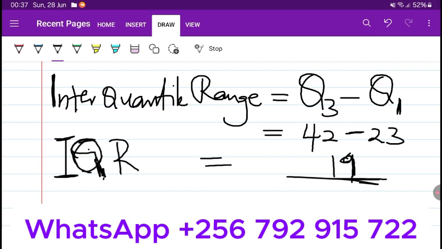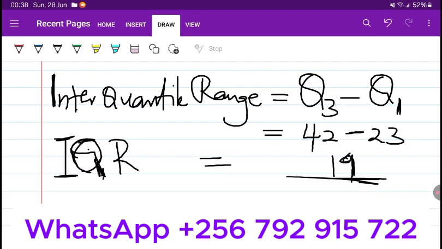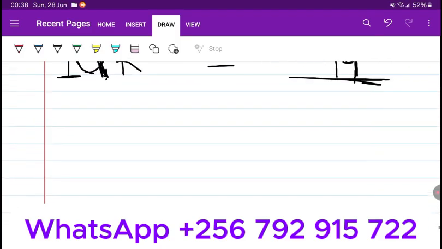Now, how do we get the values? Remember, our part 1 wanted us to compute what we call the limits. It's these limits that are going to tell us whether we have outliers or we don't. So even if they had not asked about computing limits, we have to compute the limits, because that's the only way we shall be able to know whether they are outliers or not.